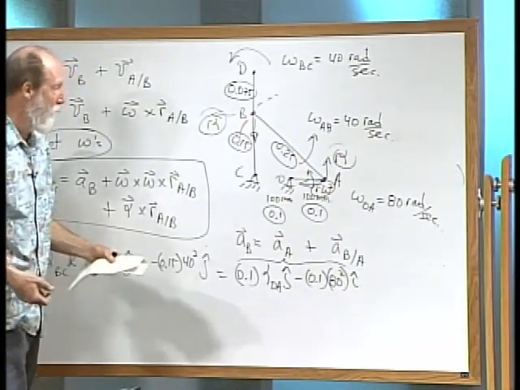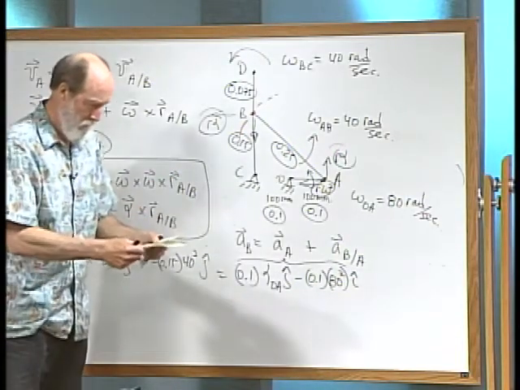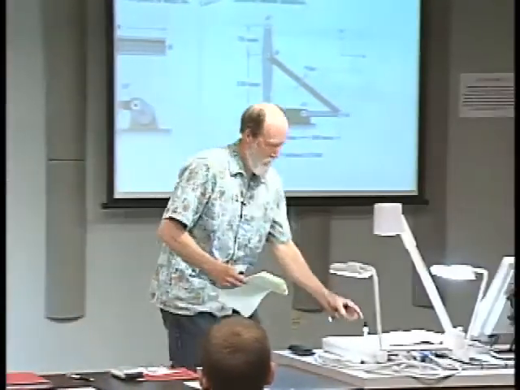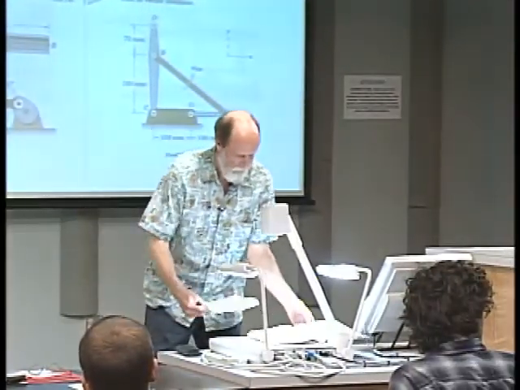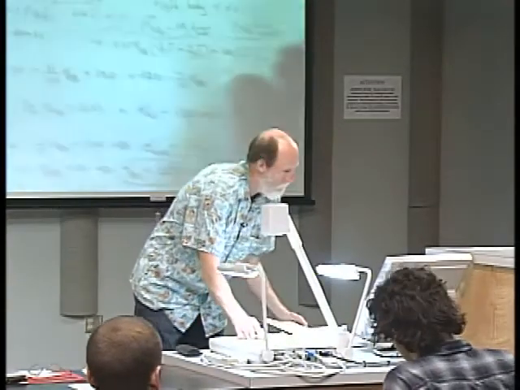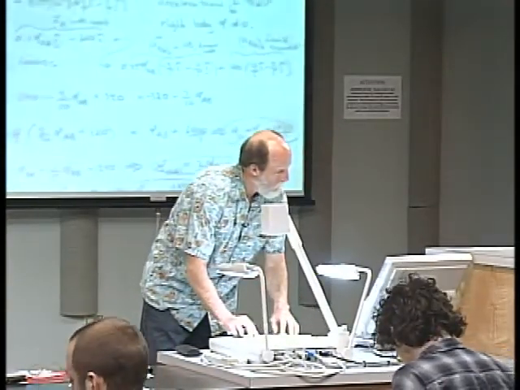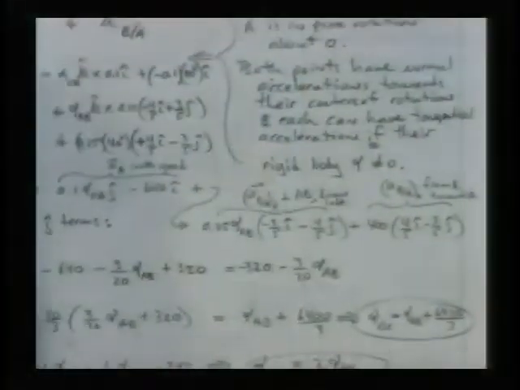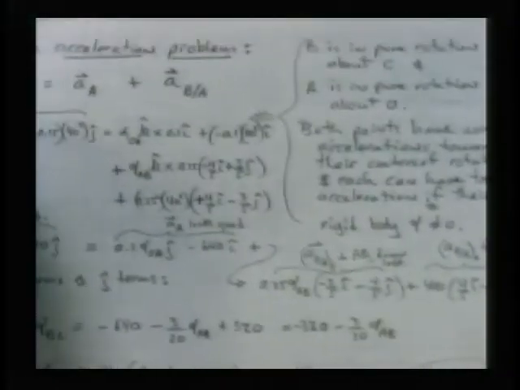I think I'm just going to put that up on the overhead briefly in the interest of time. I've written out a bunch of detail here that you'll find hopefully helpful. And I'm going to back off on the telephoto a little bit so you can see that detail.